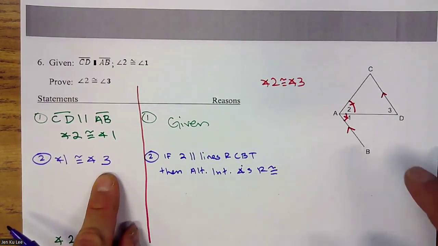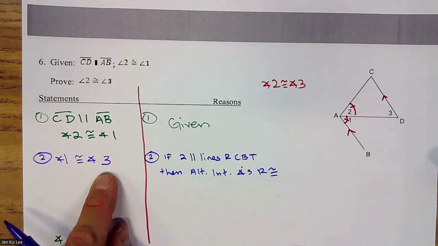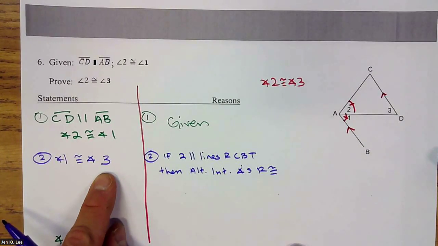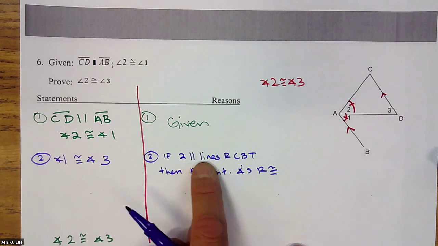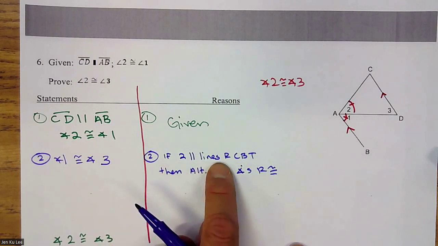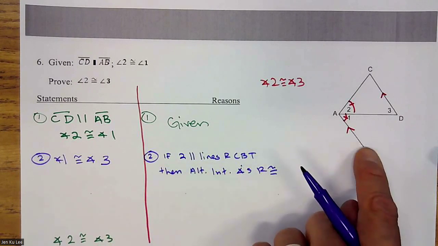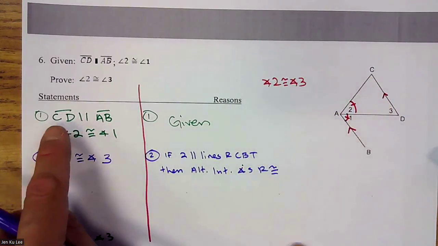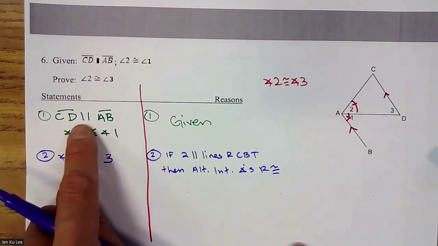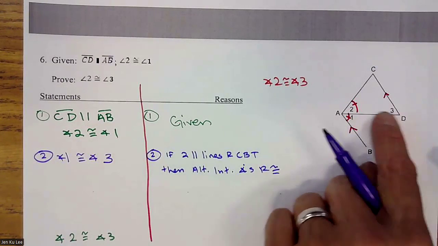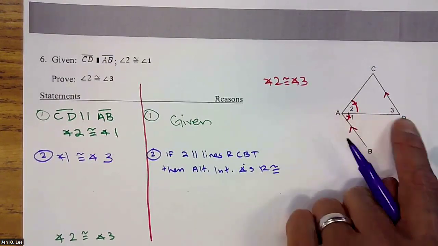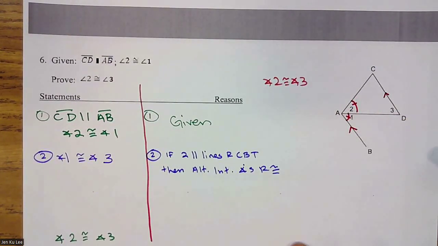And 1 and 3 are alternate interior angles. Okay? Notice that my if statement, if two parallel lines are cut by a transversal, it's already given to me that these two lines are parallel, and AD, I can see that's my transversal, right?